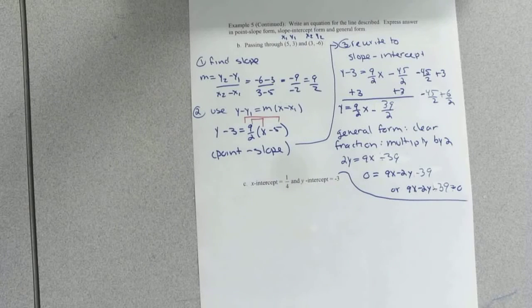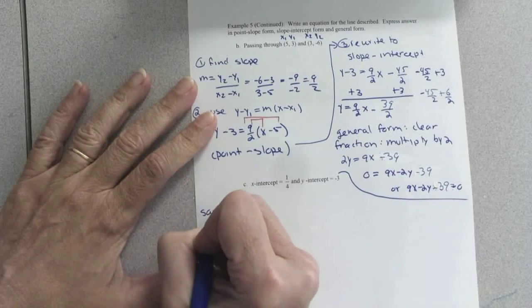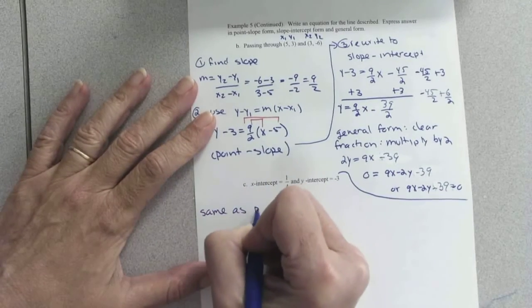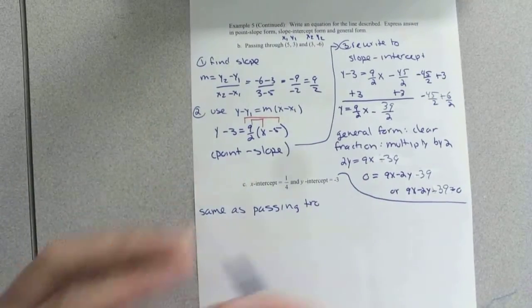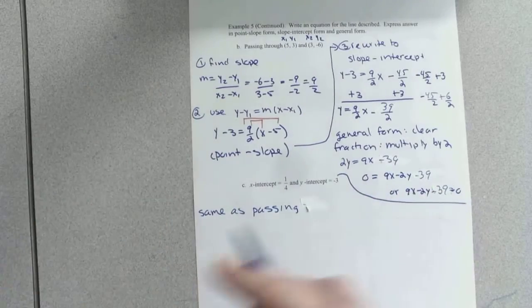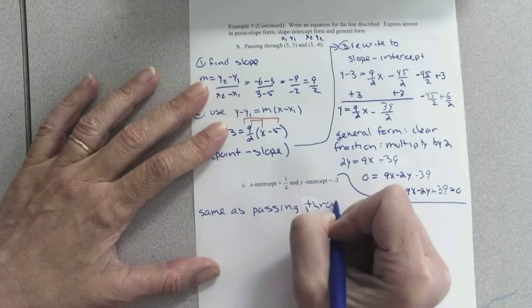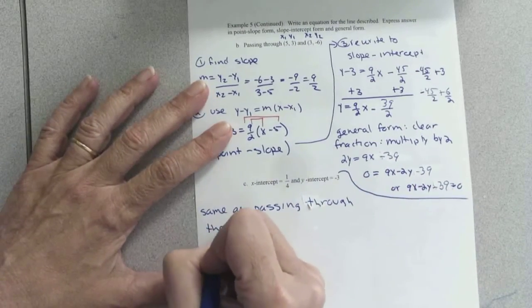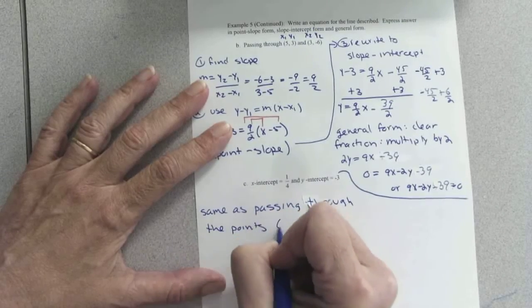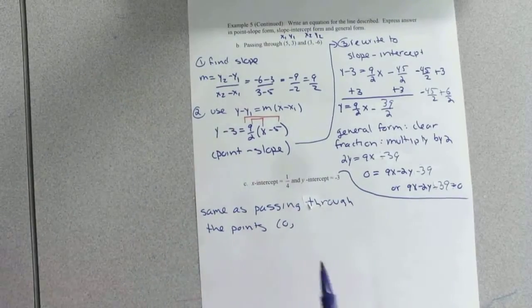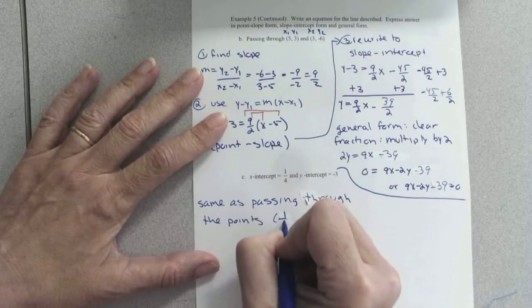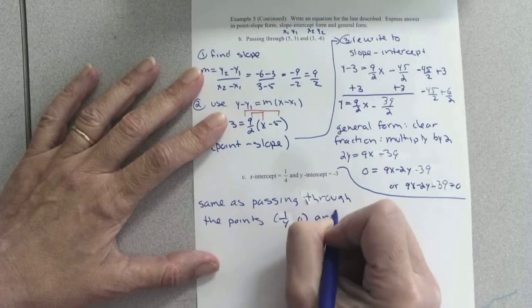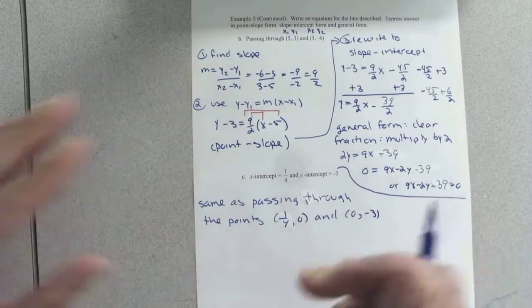And students have a tendency to not like this problem until I remind them that this is the same as passing through the points (1/4, 0) and (0, -3).